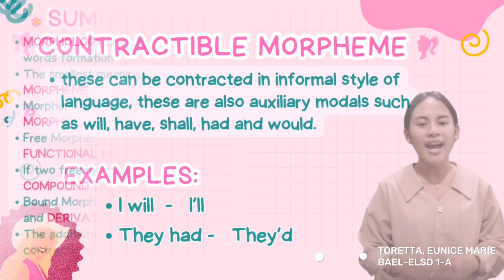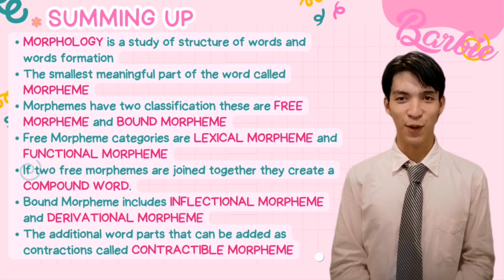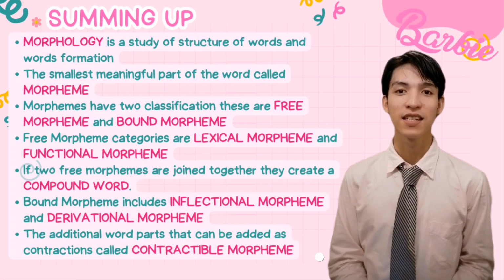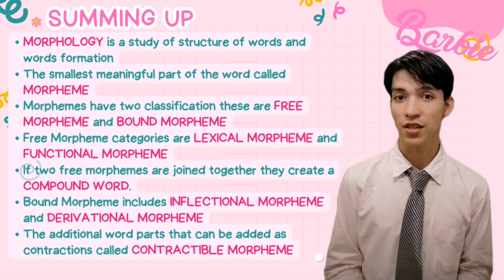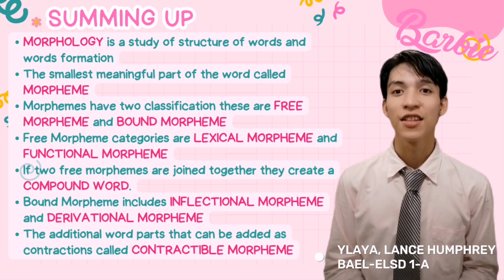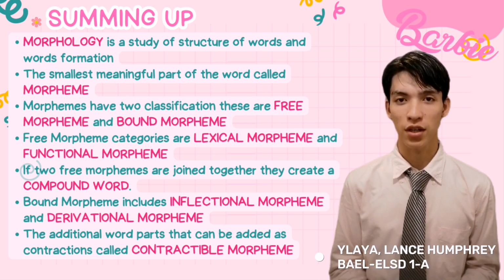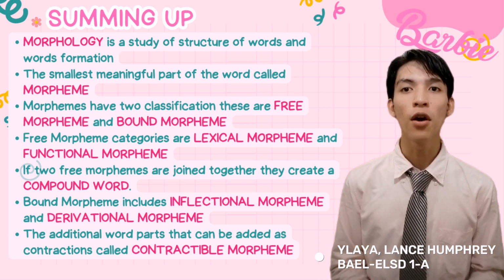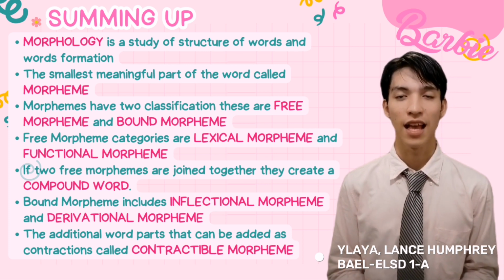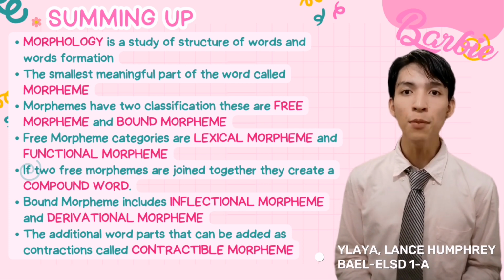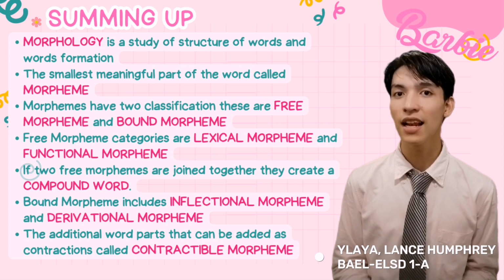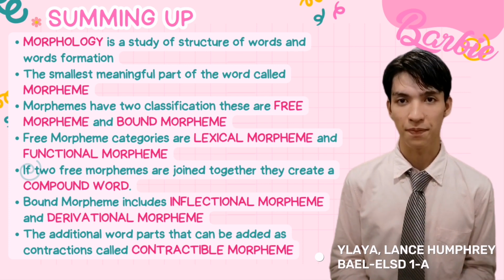Lance Humphrey Elaya. Thank you so much, my beautiful Barbies. To sum up our discussion today, morphology is the study of the structure of words and word formation. The smallest meaningful part of the word is called a morpheme. Morphemes have two classifications. These are free morpheme and bound morpheme. Free morpheme categories are lexical and functional morpheme.